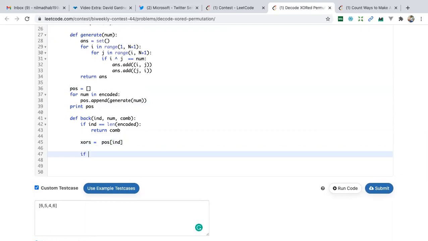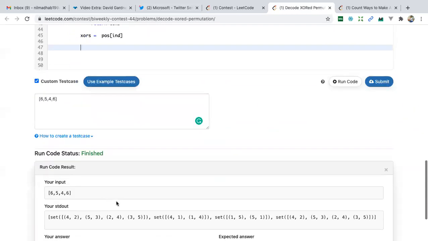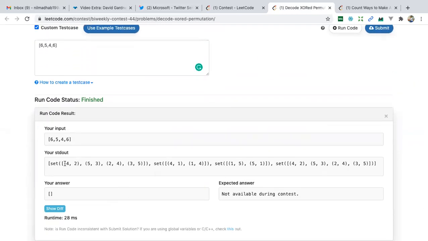And we have to check if that number is present. For example, at first we will try with 4 2, and then we have 2, so 2 is not present here, so we cannot go ahead. And if it can go ahead, we have to try all the combinations.